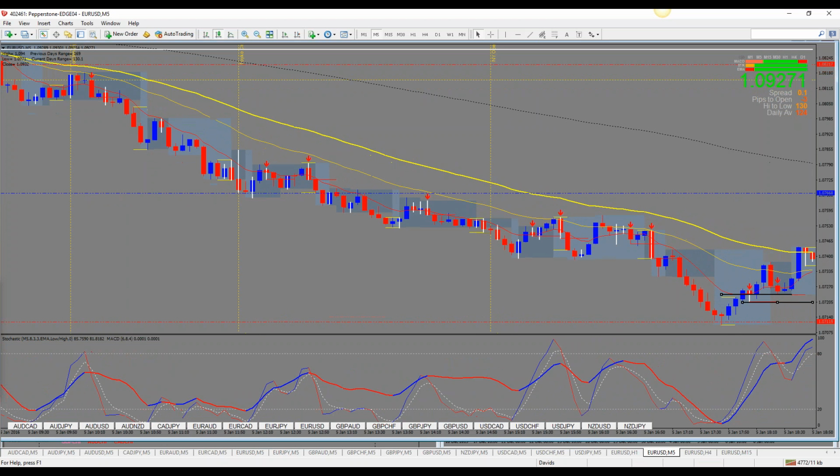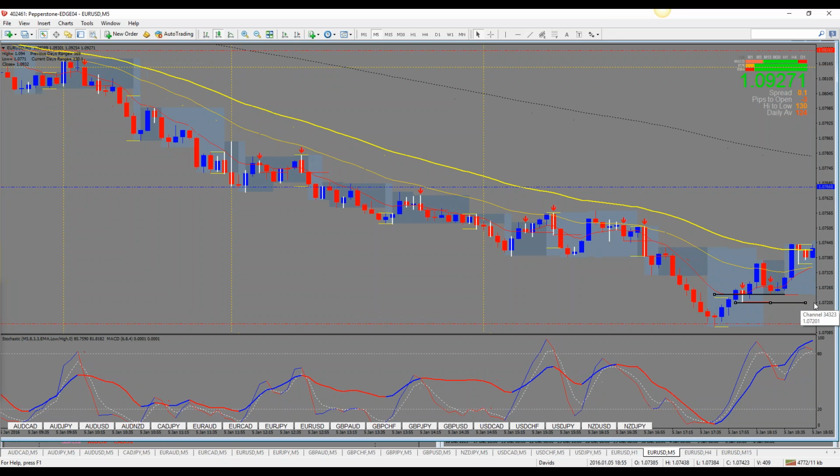All right. We have inside bars up here in the squeeze. But like I said, my moving average is moving up. My 10 is moving up, my 30 is moving up, and the 55 is really flat. So I'm probably done looking at this pair for the day.